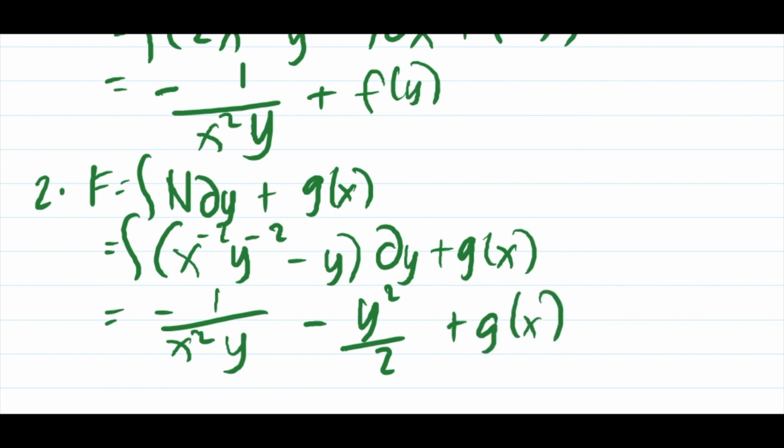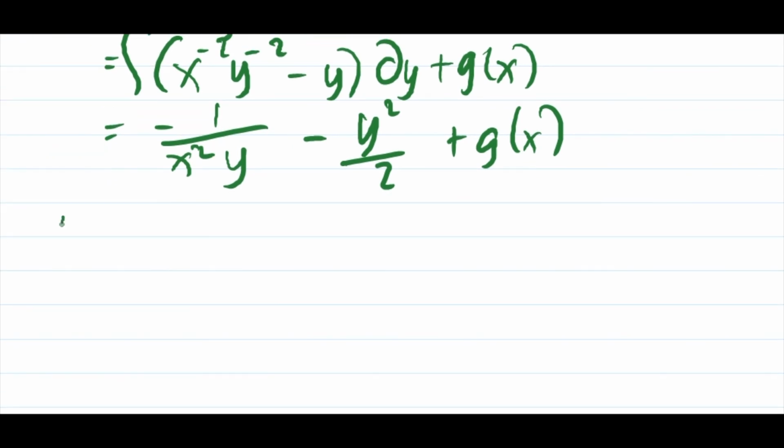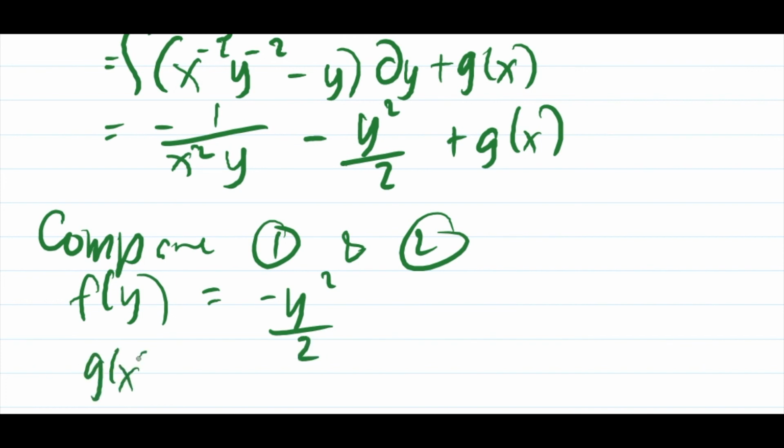We have a common term of negative 1 over x squared y. Comparing 1 and 2, f of y is equal to negative y squared over 2, and g of x is equal to 0.